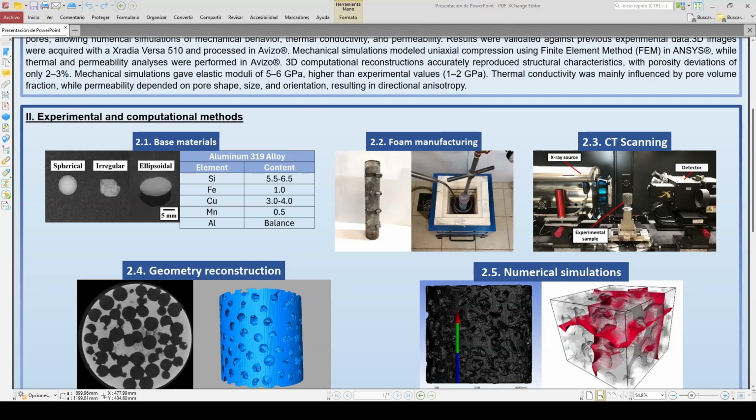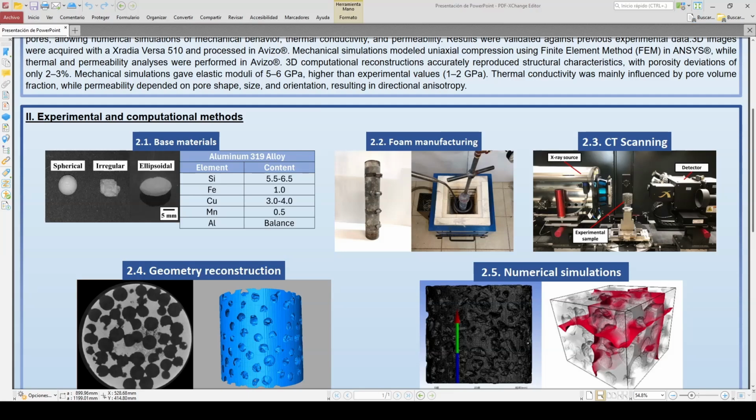In this chamber, we place the space holder particles along with the base alloy. And then we put this inside a furnace and we take them to 700 Celsius for 45 minutes. Once the infiltration is completed and the material is fully solidified, we extract the foam and we dissolve the space holder particles with water.